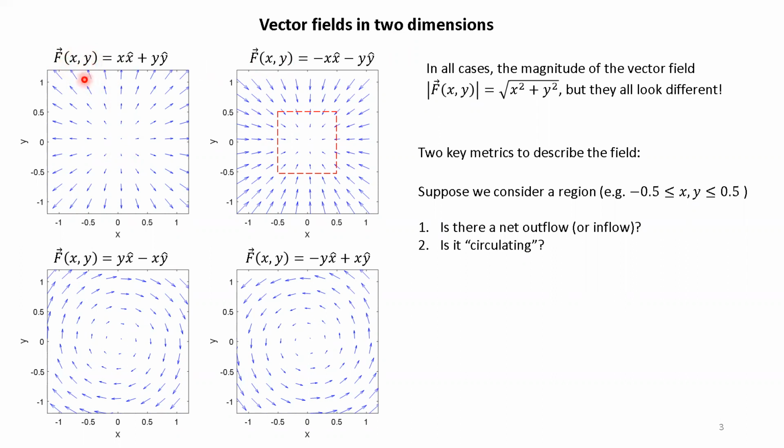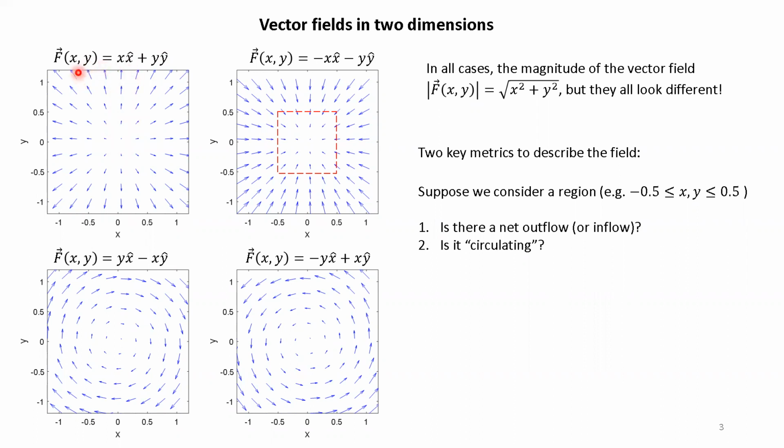For example, if you just give me 0, 0, what you have in this example is 0 x hat plus 0 y hat. Then in the middle you see that there's no arrow; the arrow is just a 0 arrow.